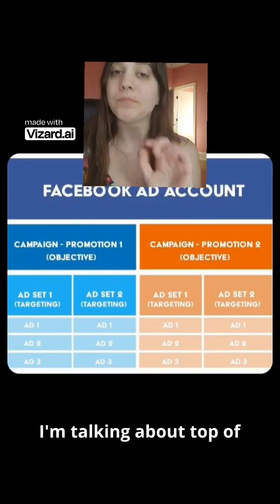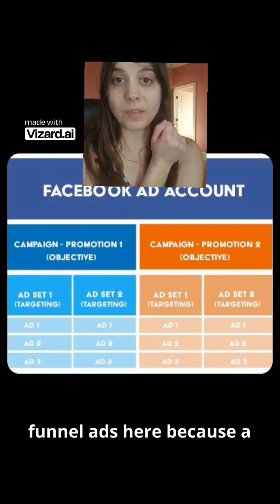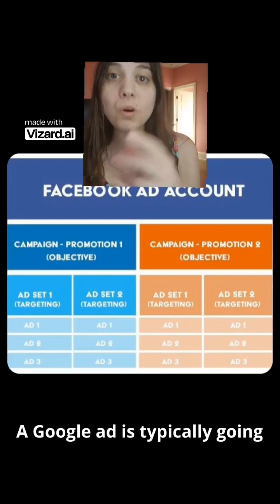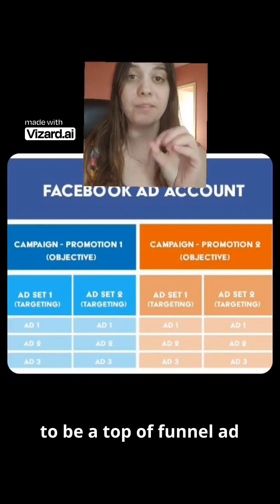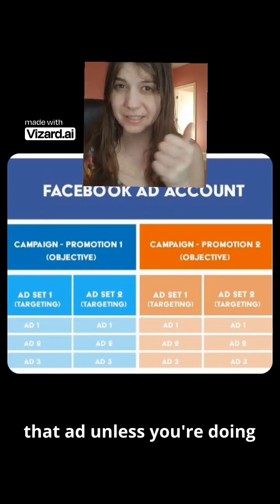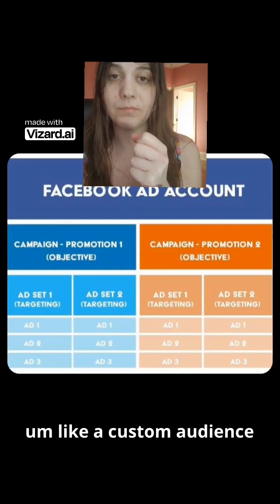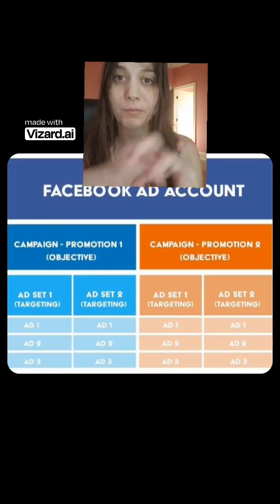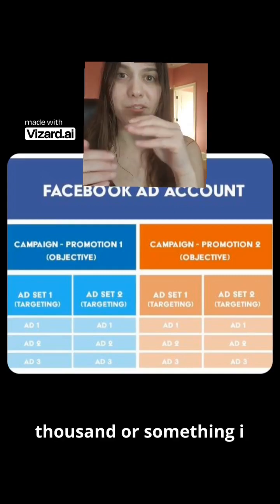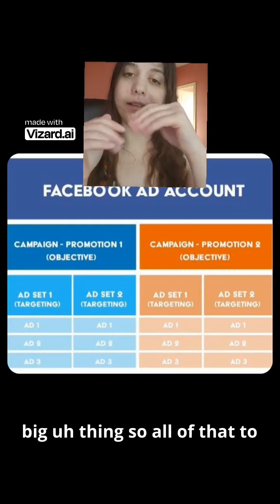If that's the case, I'm talking about top of funnel ads here, because a Google ad is typically going to be a top of funnel ad, where they've never heard of you before, unless you're doing a custom audience. But it has to be really big to do that. I think their limit is like 50,000 or something. I don't know. But yeah, it's a big thing.